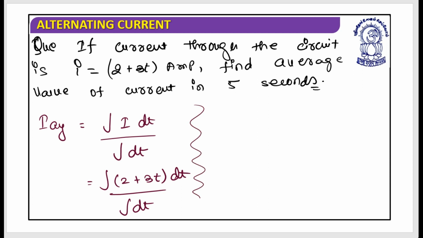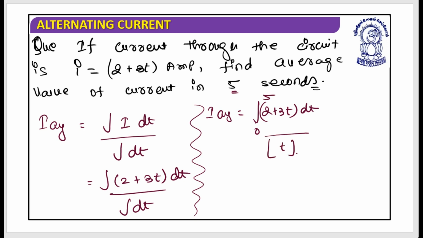When I write this, I average would be equal to the integration of 2 plus 3t dt from 0 to 5 divided by the integration of dt. It's t, and the limits will be 0 to 5. So this will be equal to 2t plus 3t square by 2, divided by 5 minus 0, it's 5 only, and this is from 0 to 5.